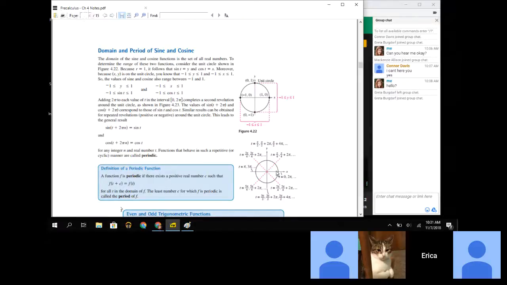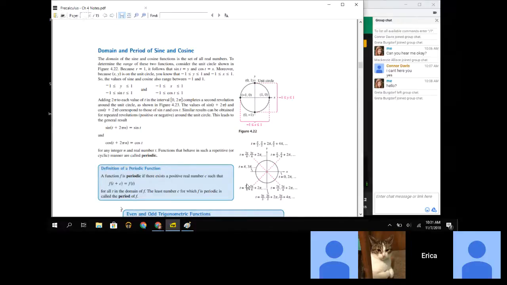But what if I wanted you to find the cosine of 390 degrees, right? So 360 degrees is one rotation. 390 degrees would actually be one rotation plus 30 degrees more.